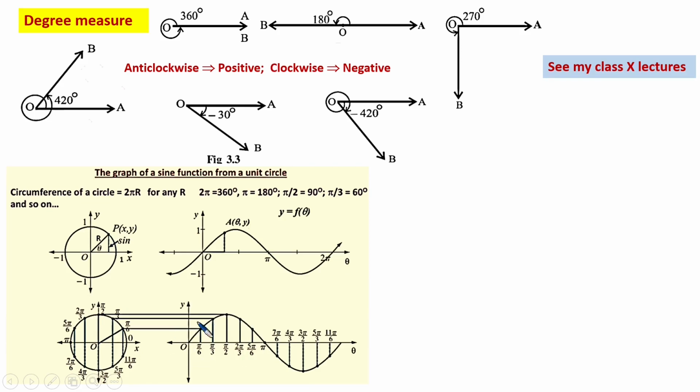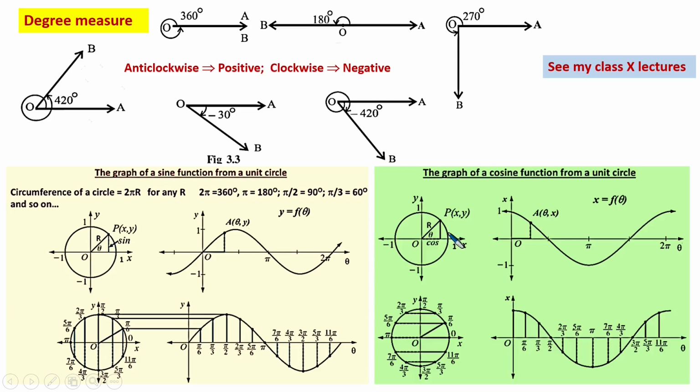Same thing I have shown here by breaking into many pieces. So these are pi by 6, pi by 3, which we have discussed in our earlier slides. So similarly, as I said, for sine function, this is nothing but a projection on the y-axis. So you can have a projection on the x-axis also. This is your cos. This is point P which is projecting on the x-axis.